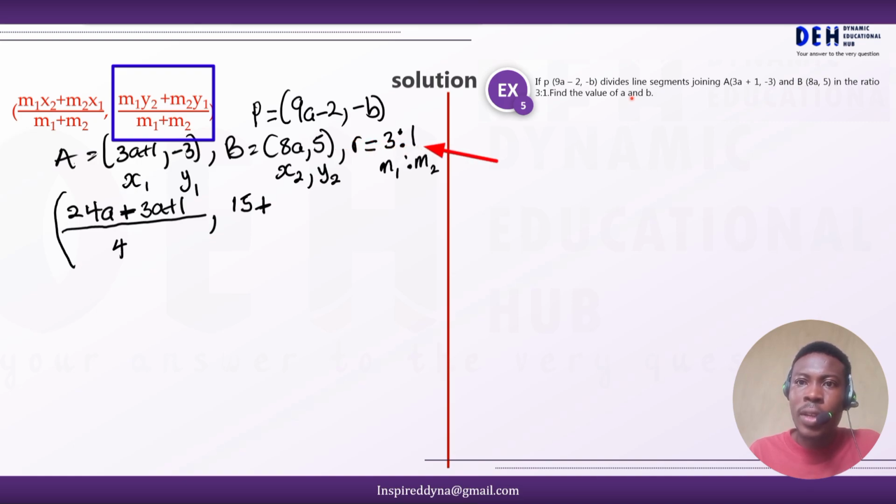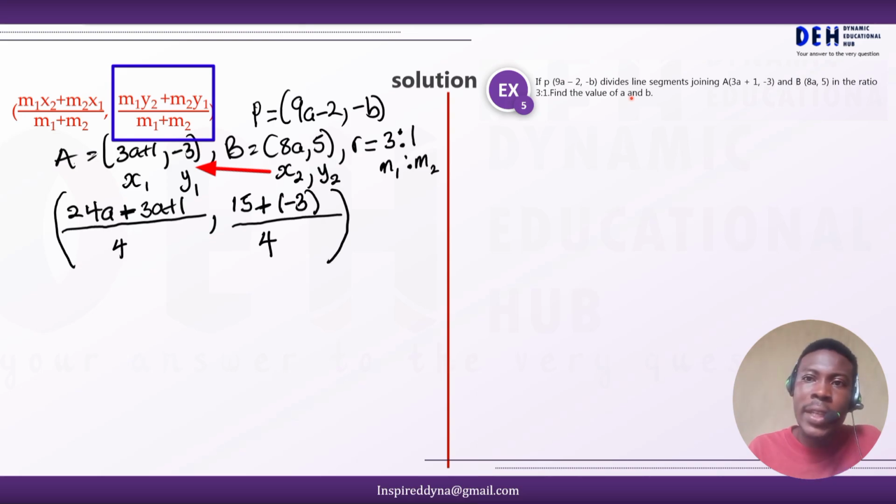We have 1. And what is y1? We have minus 3. So we have 1 times minus 3. That will give us minus 3 here, over m1 plus m2, which is 4. So we have substituted what we are given in this formula, and we have this.